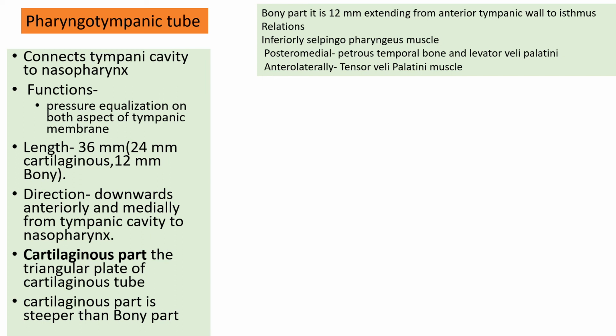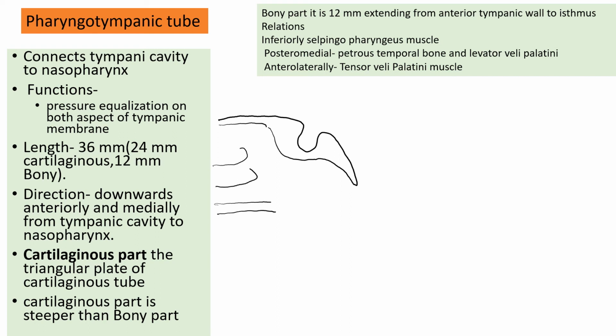If I have to draw this, then this is the middle cranial fossa, the pituitary fossa or the sella turcica, the posterior ends of the turbinates, the hard palate and the soft palate, the upper portion of the arch of atlas.